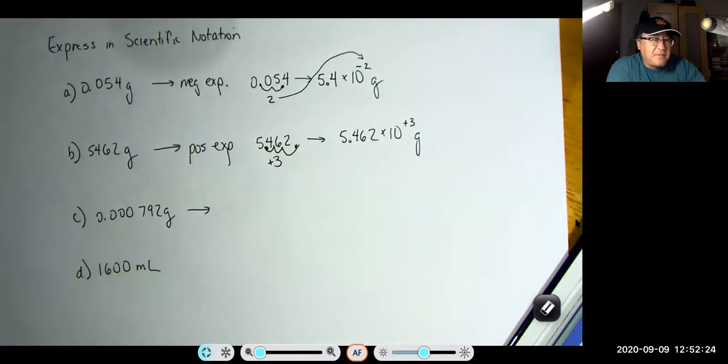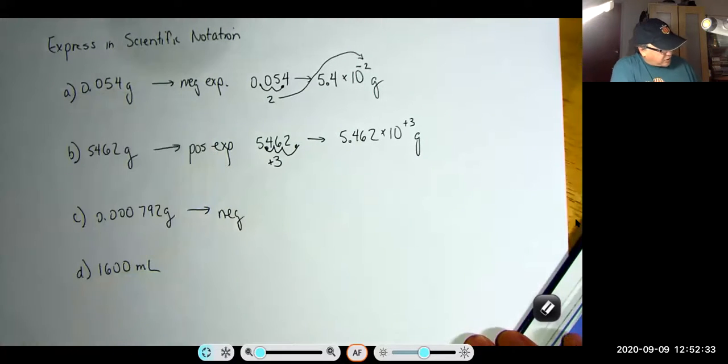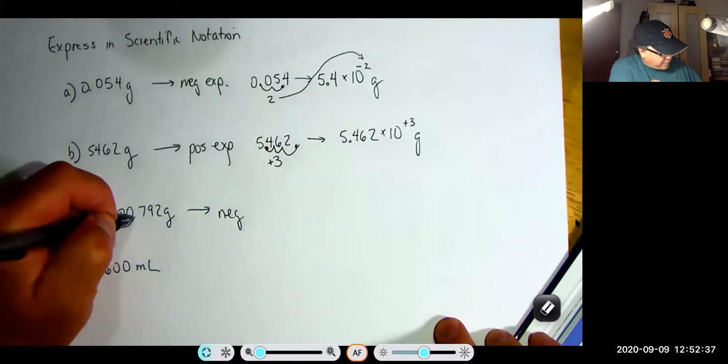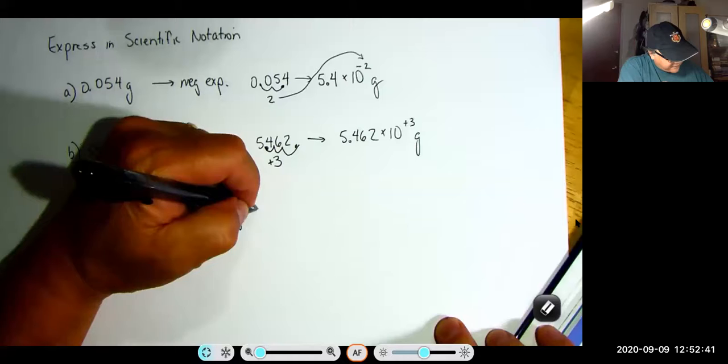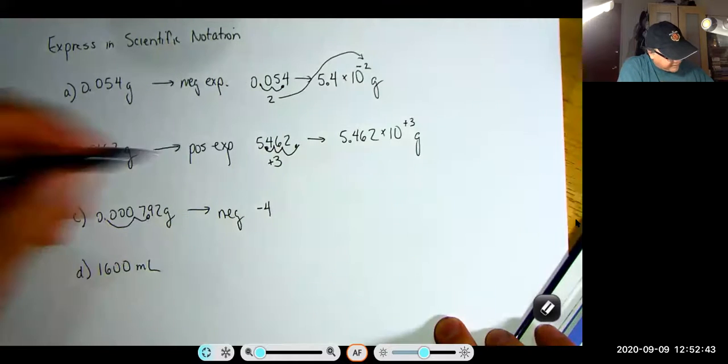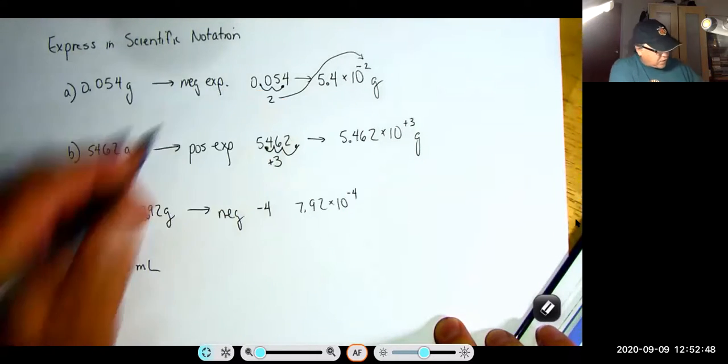So is that original number bigger than 1 or smaller than 1? It's a lot smaller than 1. So this is going to be a negative. So rather than rewrite this again, I'm going to move the decimal over 1, 2, 3, 4 times, right? So that's going to be a negative 4. And we get 7.92 times 10 to the minus 4 grams.